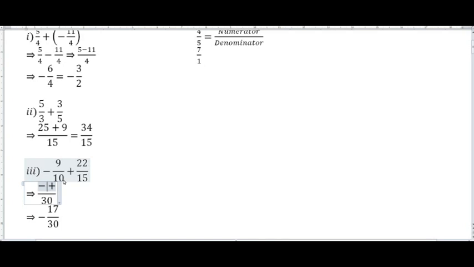With 10, if you divide 30, it will be 3 times, is it not? 10 3s are 30. Then the answer is 3 here. If you divide LCM 30 with 10, you will find out 3 as the answer. With that 3, you have to multiply the numerator, that is 9. 3 9s are 27. That is what you have to write here.